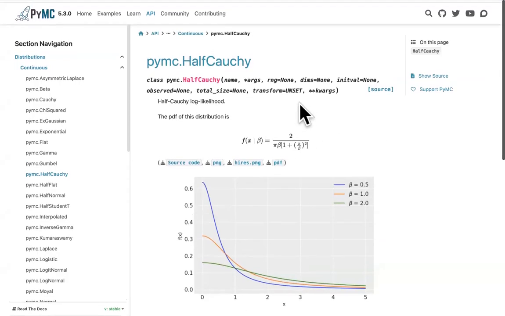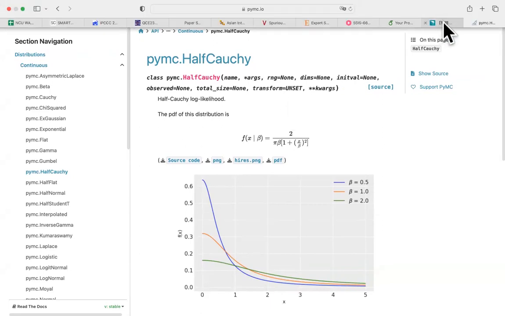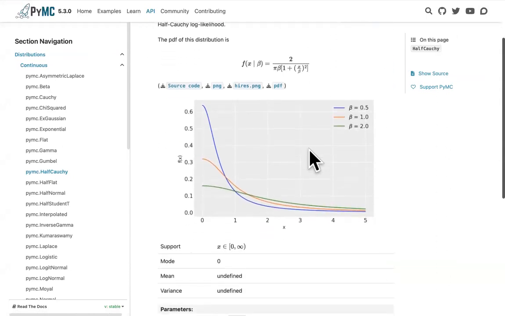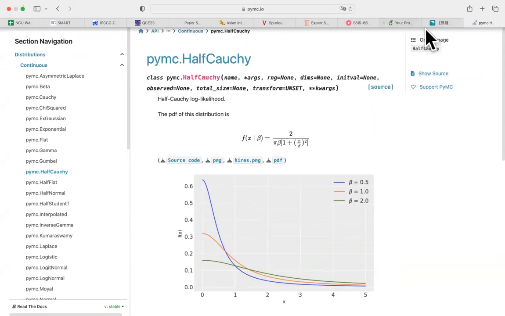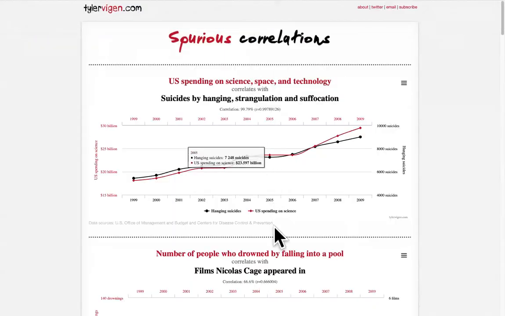Where is it? This one. You guys can see this page, right? Not this one, sorry. Where is it? This one.